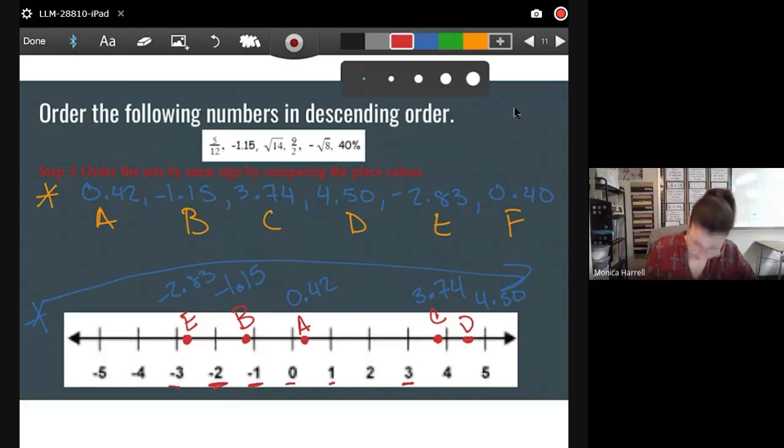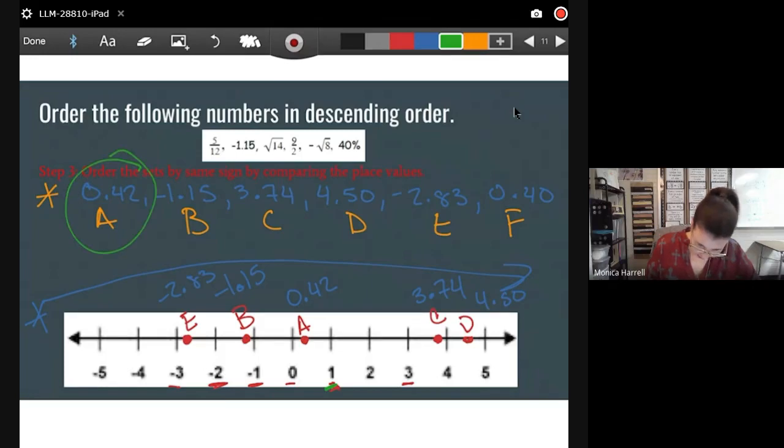And our very last point is 0.40 or 40 hundredths. Now this is not quite to 1. I'm going to change to a separate color now because I'm getting close. But if I look at A and I look at F, those are very similar.